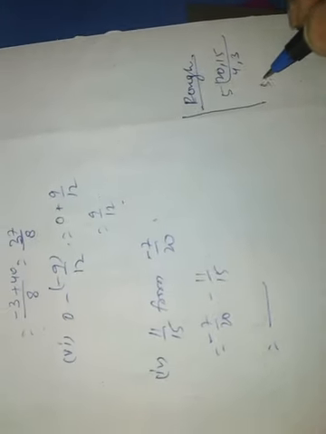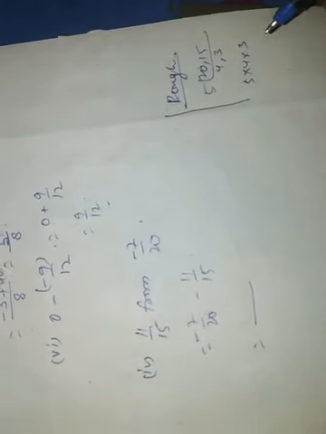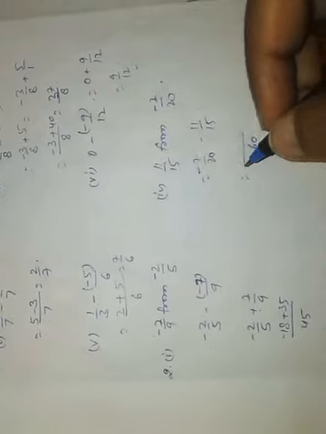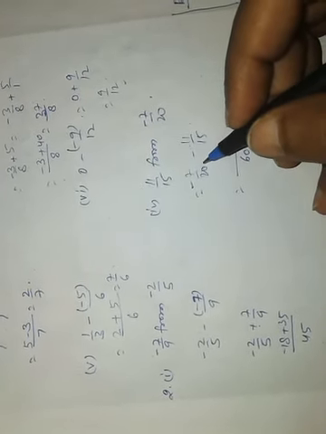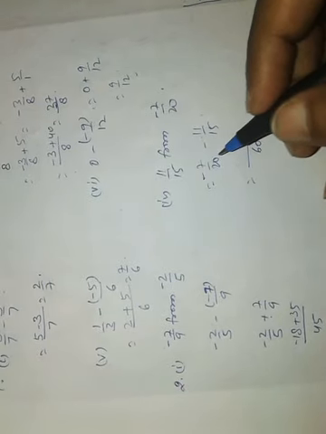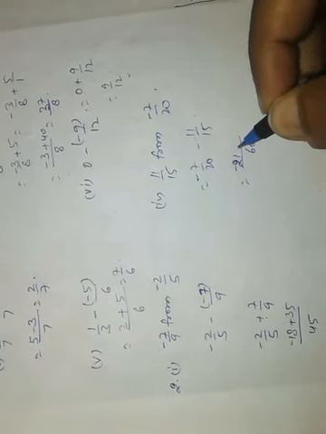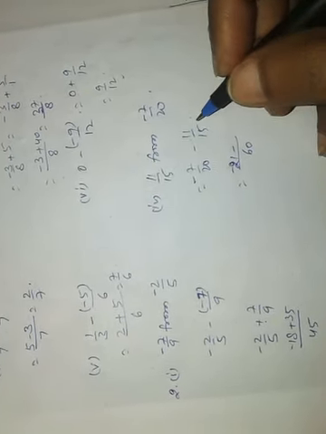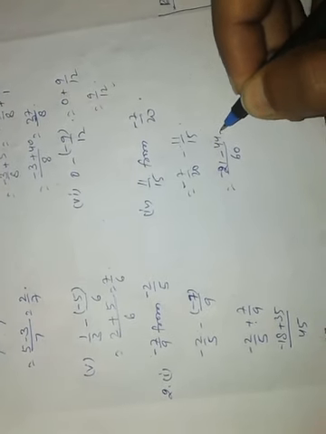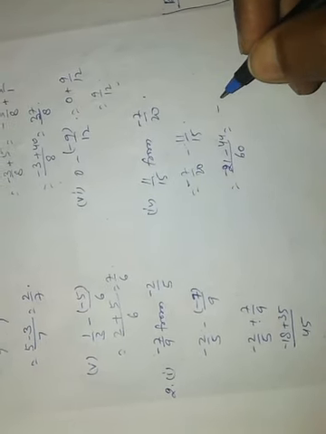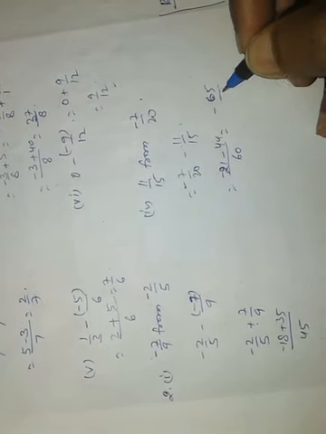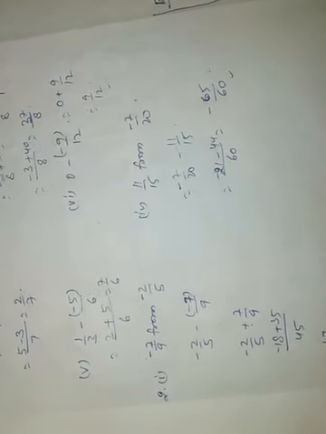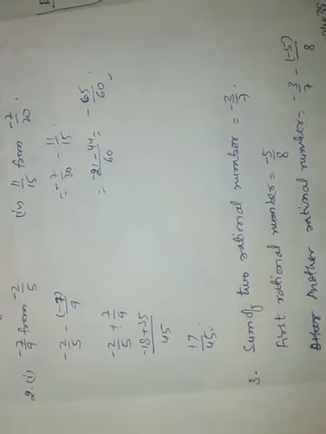So we multiply 5 into 4 into 3, that is 60. 60 is the LCM, so we make 20 into 60 by multiplying 3 times. Minus 7 times 3 is 21, and minus 11 times 4 is 44. Now minus becomes plus, so we get minus 21 minus 44, that is minus 65 by 60. This is the answer. Like this, you have to solve all the questions of exercises 1 and 2.